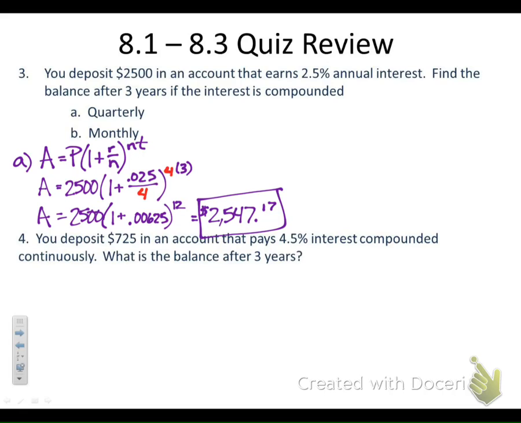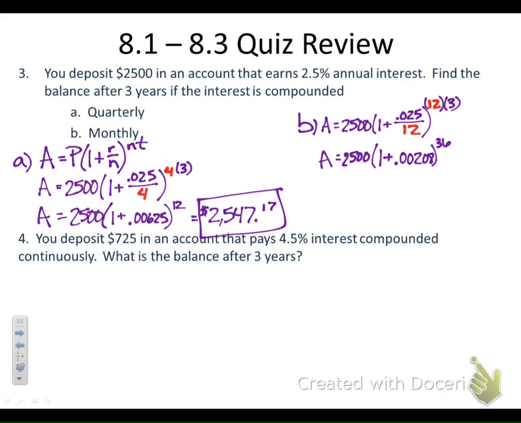Not a big increase. All right, let's go to monthly. I'm going to clean it up before I put it all in my calculator. Whenever you compound monthly, it should be more than if you only compound quarterly, because this is tacking on interest every month. So it should be more.